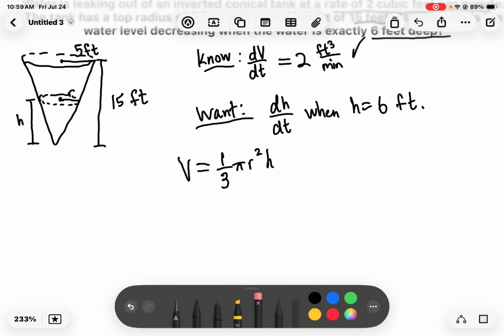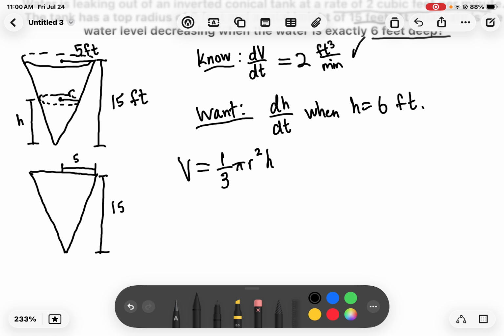We have this bigger triangle where the radius of the top part is 5 and the height is 15, and inside we have a smaller triangle where the radius is r and the height is h.